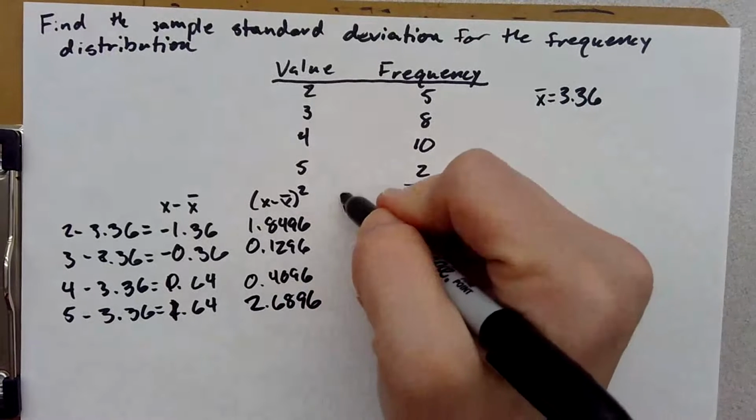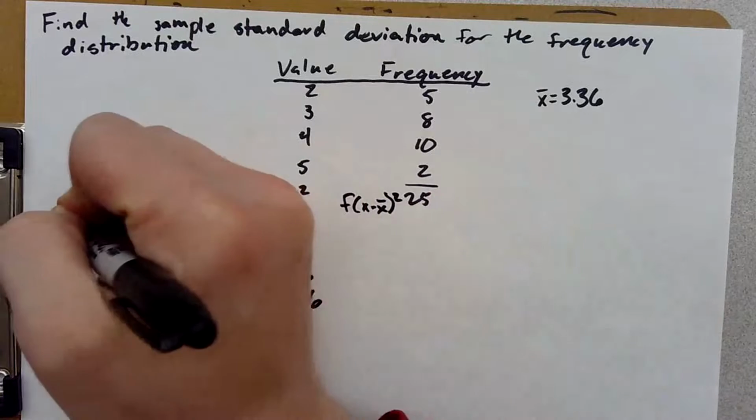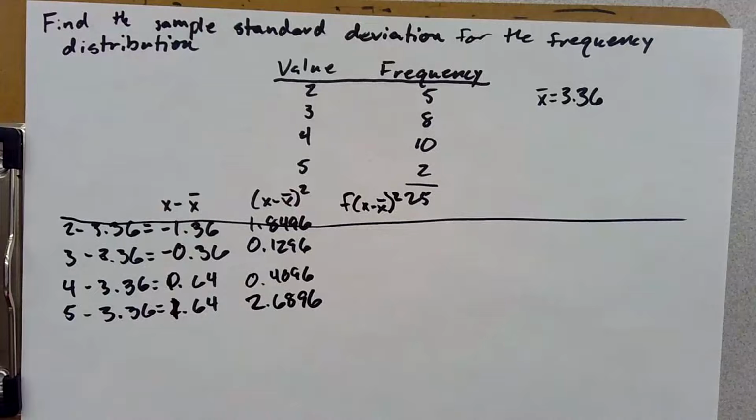Next, we'll take F times (X minus X bar) squared. Just put that there. Sorry, it went through the line.